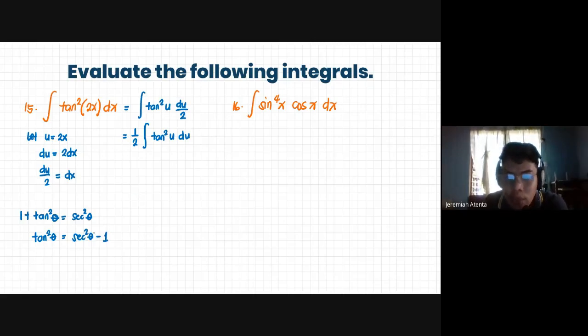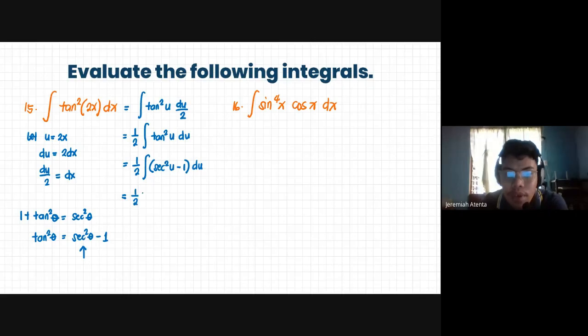And secant squared x, meron siyang integral, right? That is equal to tangent. So therefore, we can solve this one. So we have 1/2 times the integral of secant squared u minus 1, then we have du. Okay? And according to the sum or difference rule, pwede nating i-distribute yung integral.